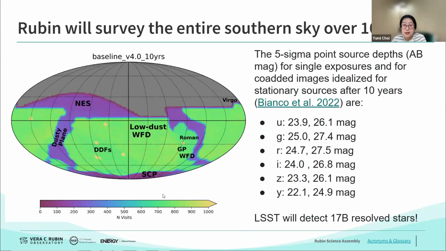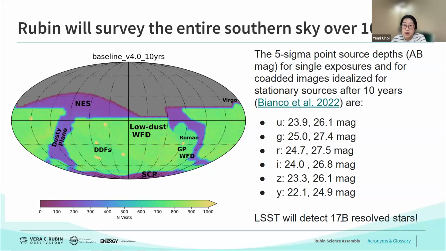Next slide, please. Okay, so Rubin will survey the entire southern sky over the next 10 years, starting late this year, which is exciting. This plot shows the current baseline survey strategy color-coded by the expected total number of visits. The most relevant components for stars and Milky Way science are the wide fast deep survey and probably some dusty plane mini survey.